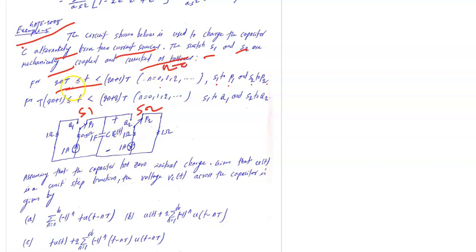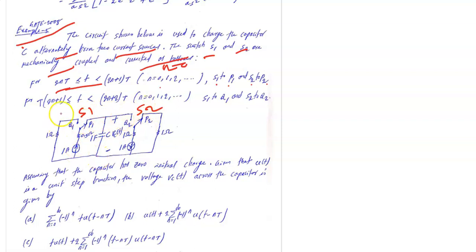For n equal to 0, that is for t from 0 to capital T, the capacitor starts charging through a constant current source of 1 ampere. You can see, because the capacitor starts charging.